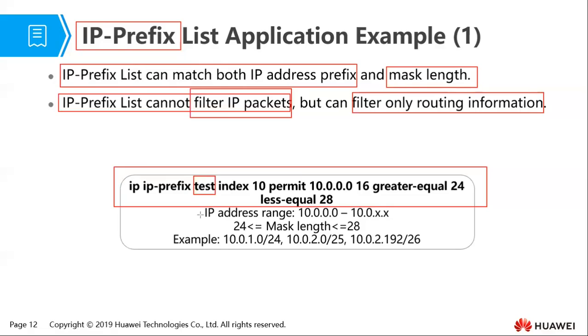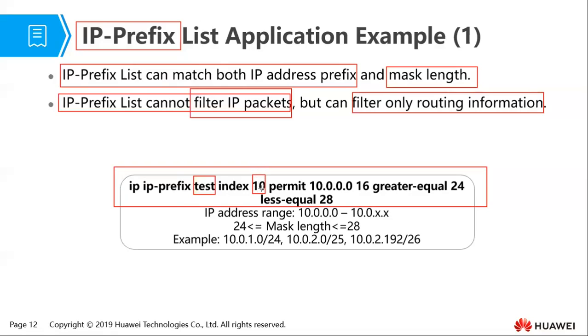Now, the other thing that an IP prefix must have is an index. So for example, index 10. While ACLs have a default interval of 5, IP prefixes have an interval of 10.